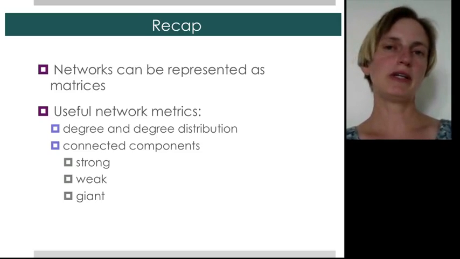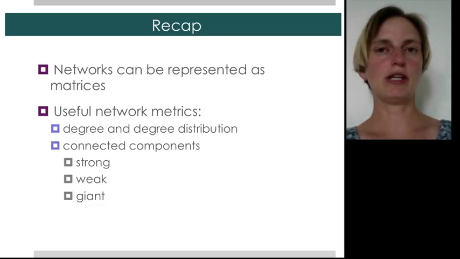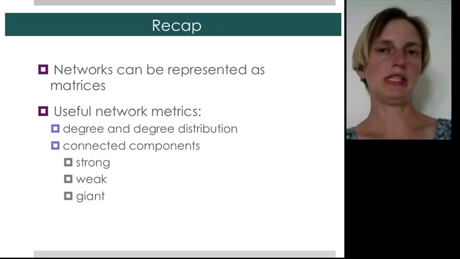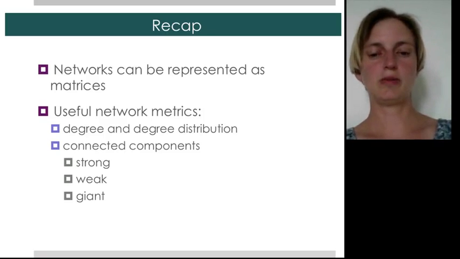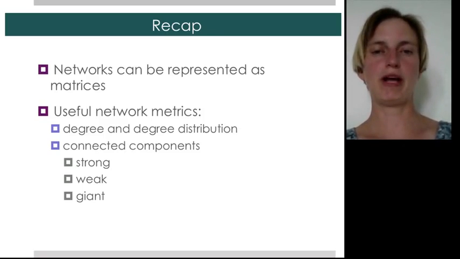And then we talked about connected components, strongly connected components and weakly connected components in directed graphs, where strongly connected components obey the directionality of the edge, and then the giant component, which arises in many networks and is the largest component in a graph that is not too sparse. And we'll talk about the giant component more when we talk about random graphs.